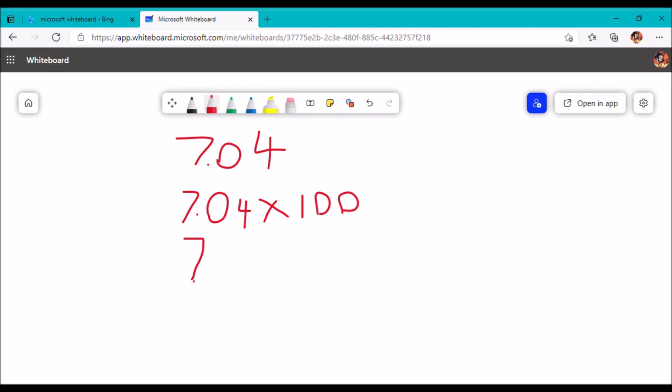So then when the 100 comes as a power, as an index number, then it becomes 10 to the power 2. This is the answer. If you can't understand, just rewind the video and check again.